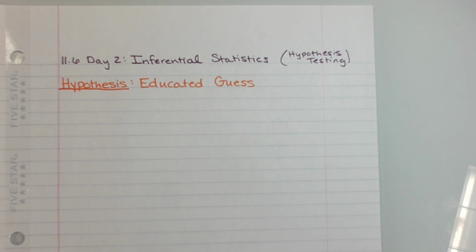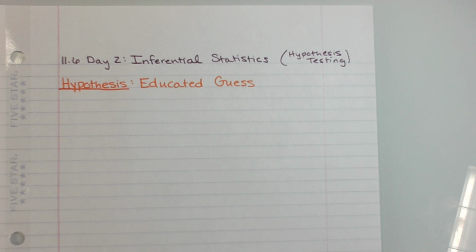Yesterday we started this idea of inferential statistics, which really is the purpose of why we do statistics. The purpose of statistics is for us to try to get an idea of what is going to happen in the future based on what has happened, or to make assumptions about larger groups based on smaller groups.